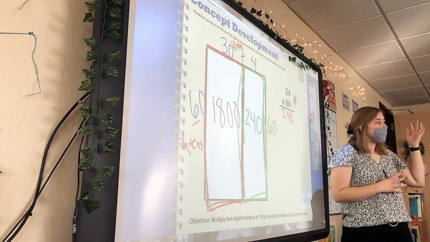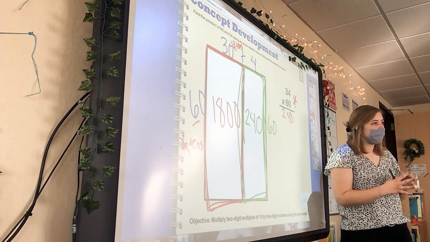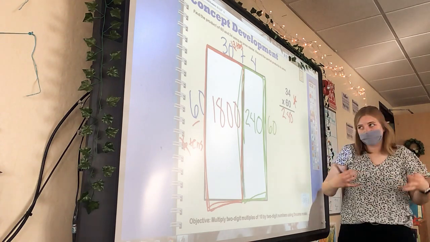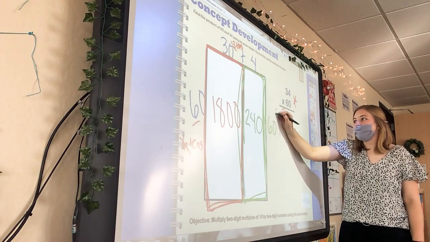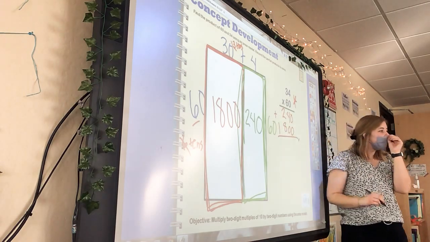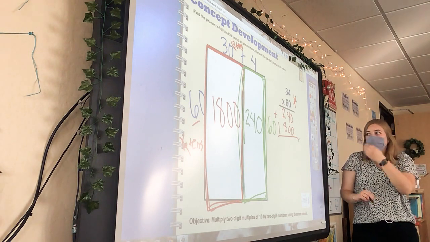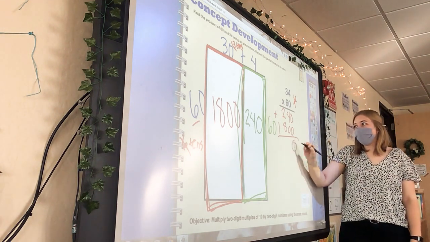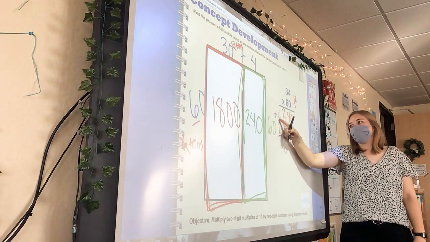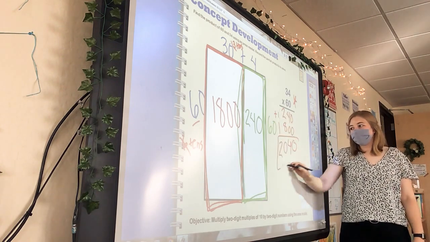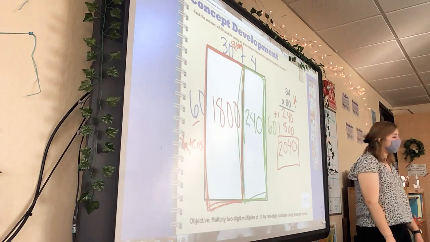Because if I add 3 plus 2, I get 5, and if I add 2 plus 3, I still get 5. But we record our partial products underneath and we add them together, okay? So 0 plus 0 is 0, 4 plus 0 is 4, 2 plus 8 is 10, 1 plus 1 is 2, okay? So our final product is 2040.